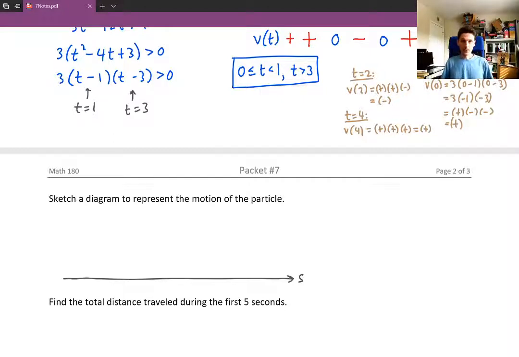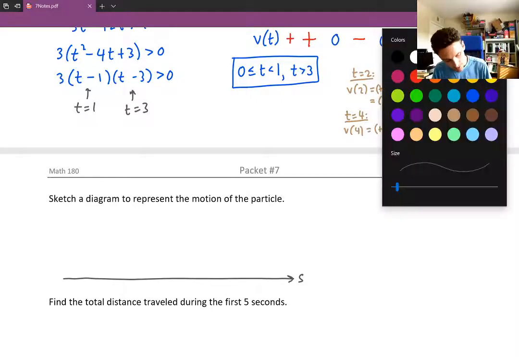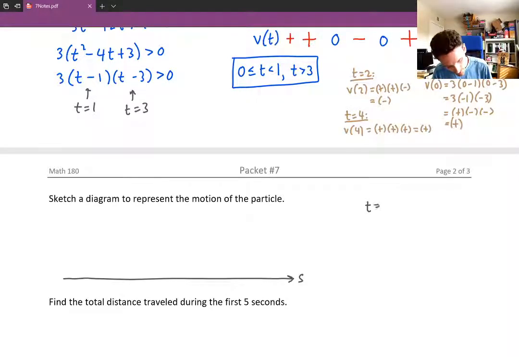Now there are 3 t values in this problem that are going to be important: t equals 0, t equals 1, and t equals 3. Those are important because t equals 0 is the starting time. Remember, at the very beginning we were told t is greater than or equal to 0.